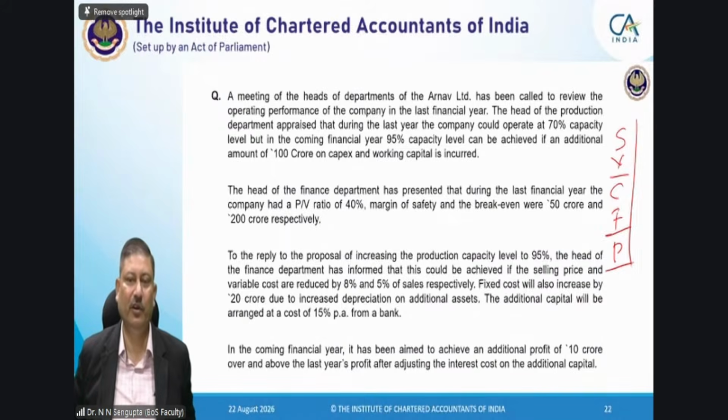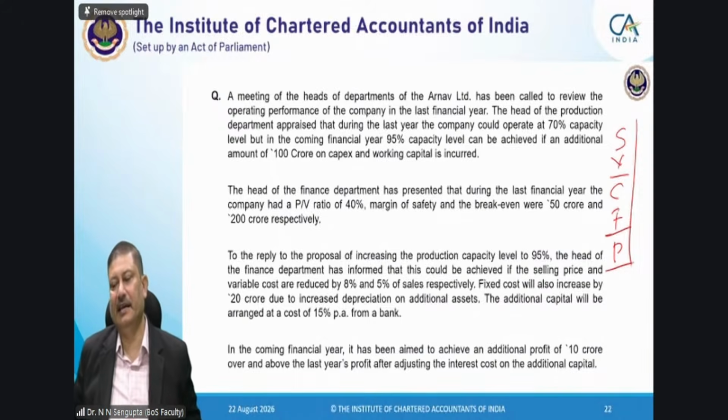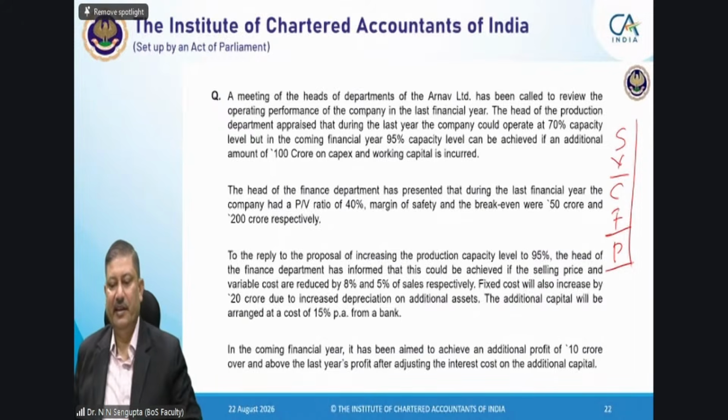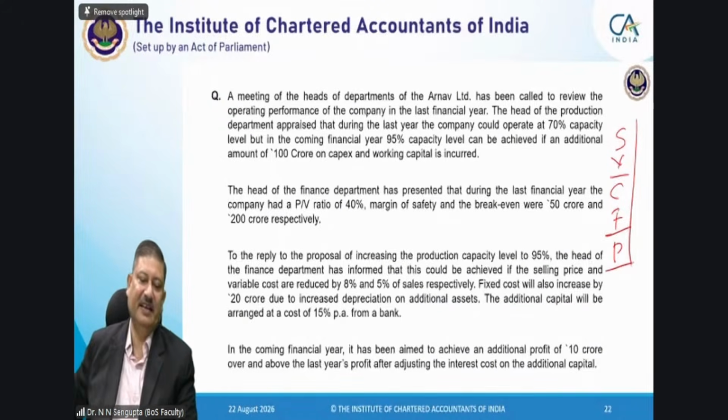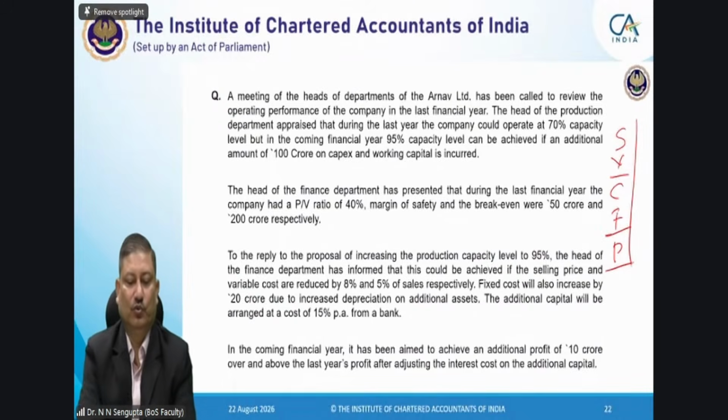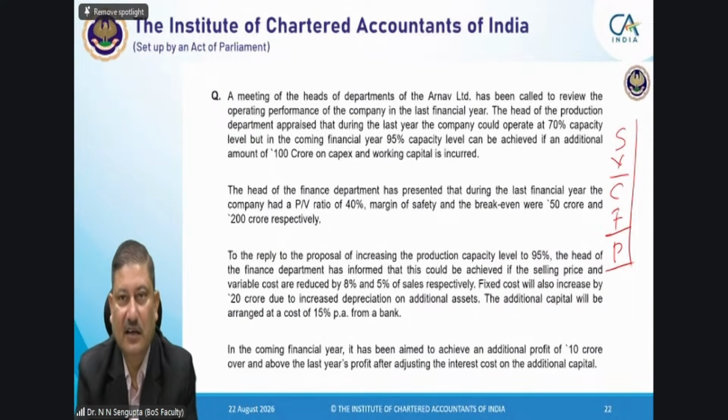Whenever we'll be going through this kind of questions, underline the major figures, like capacity level is there, capex is there, PV ratio is there, break even is there. So please go through those important data given in the question, so that when you will be solving the question, it will be easier for you.